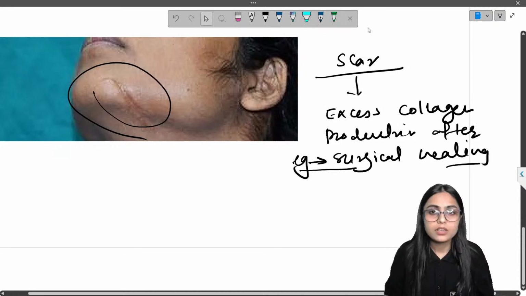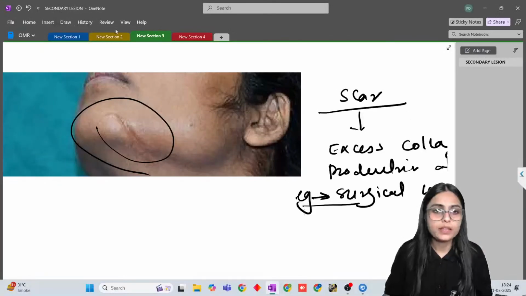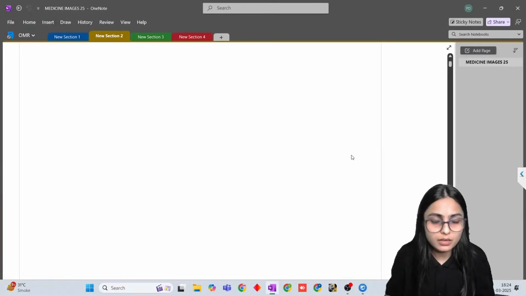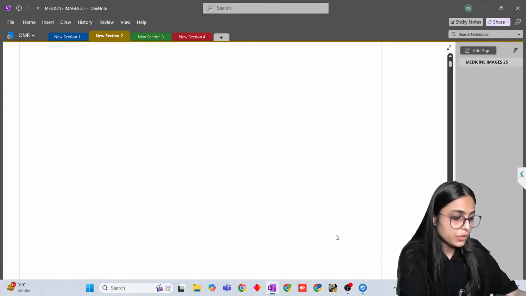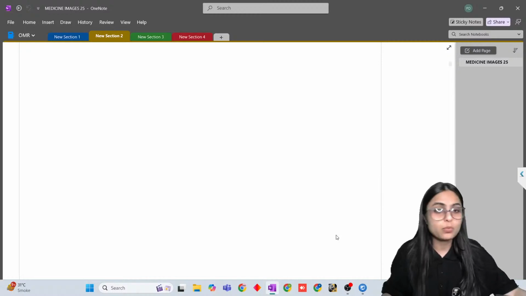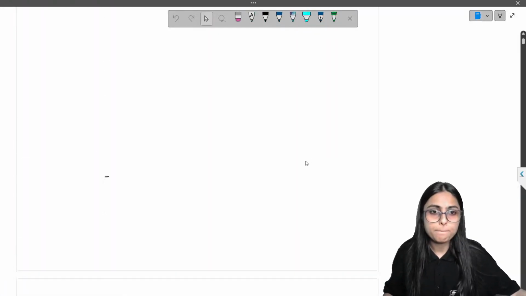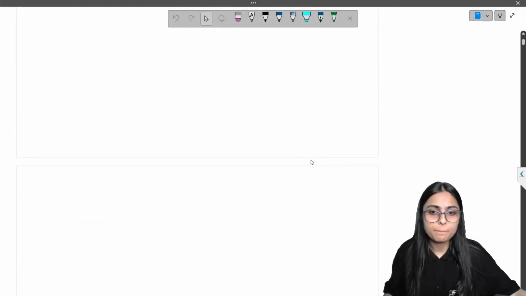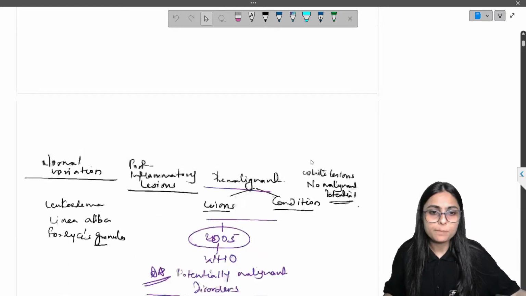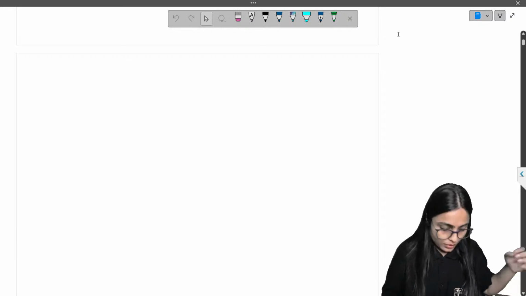Now, as we have completed primary and secondary lesions, I am going to start with the red and white lesions.